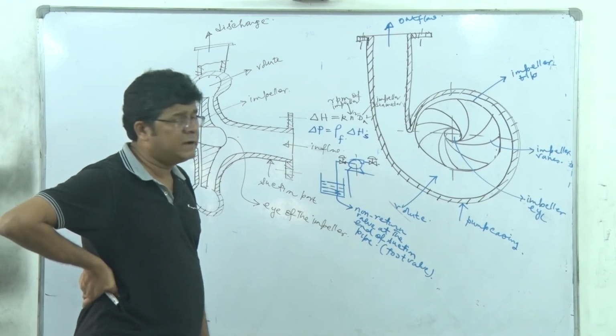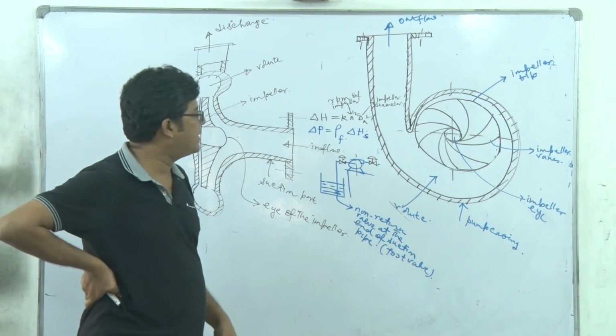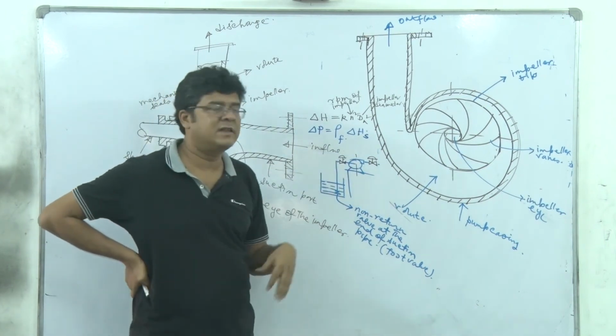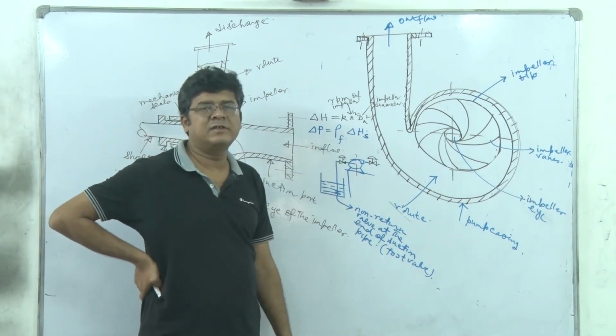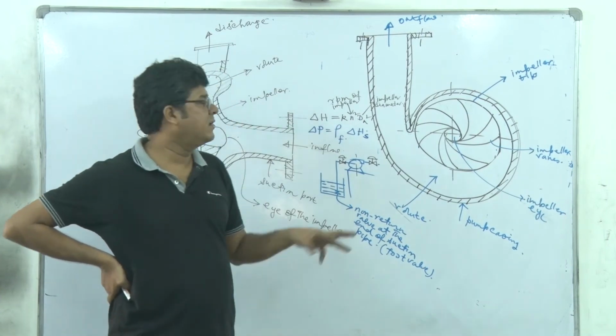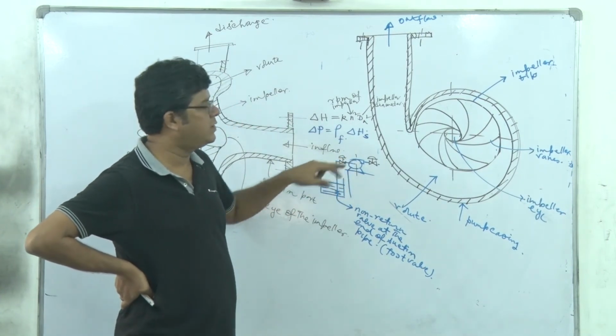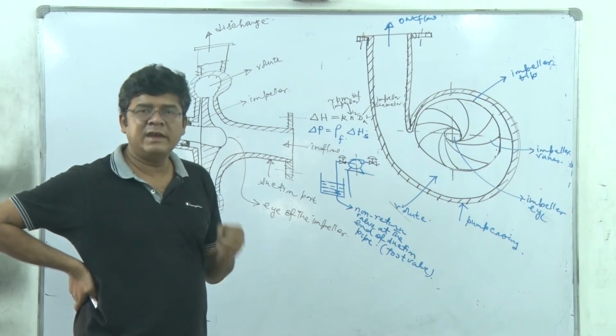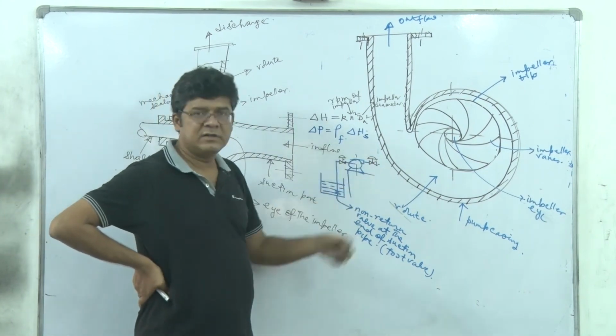Now if I do not fill it with water, and there is air in the suction line, so air density is 1000 times lower, so the pressure drop from here to here will not be enough to lift the water, right?